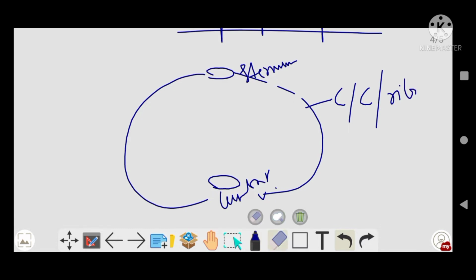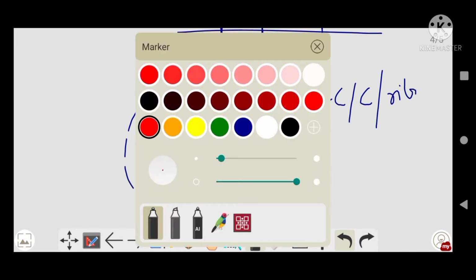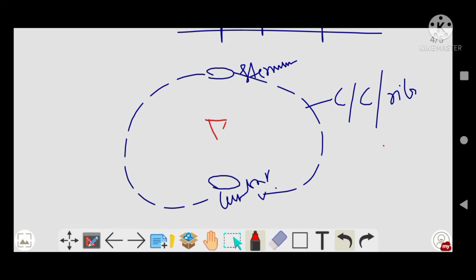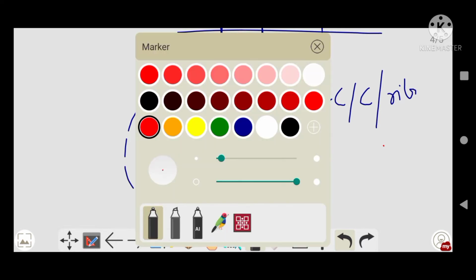It looks something like this. And in between is your central tendon, right?